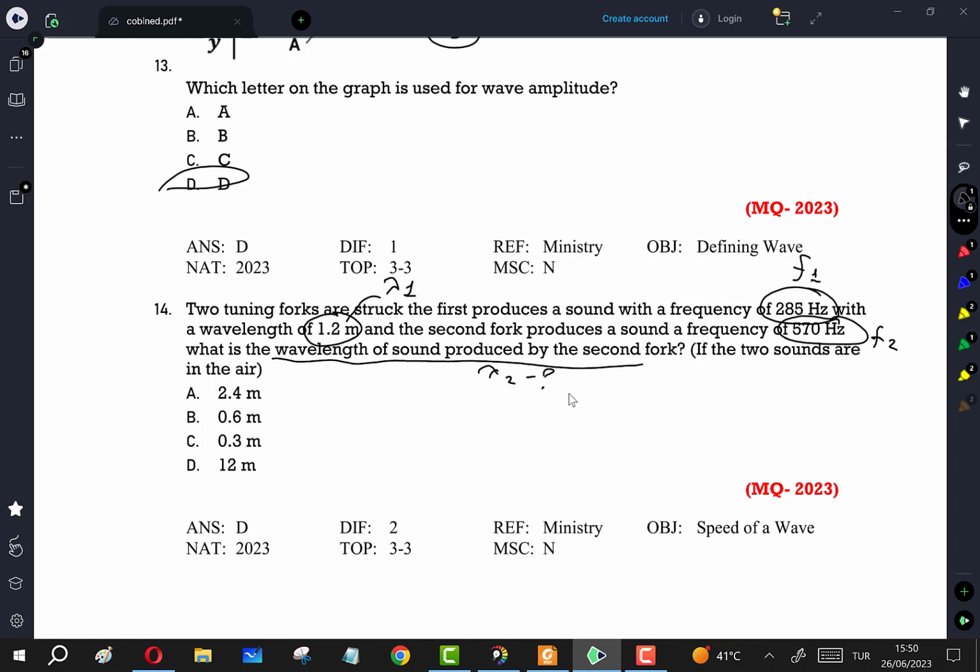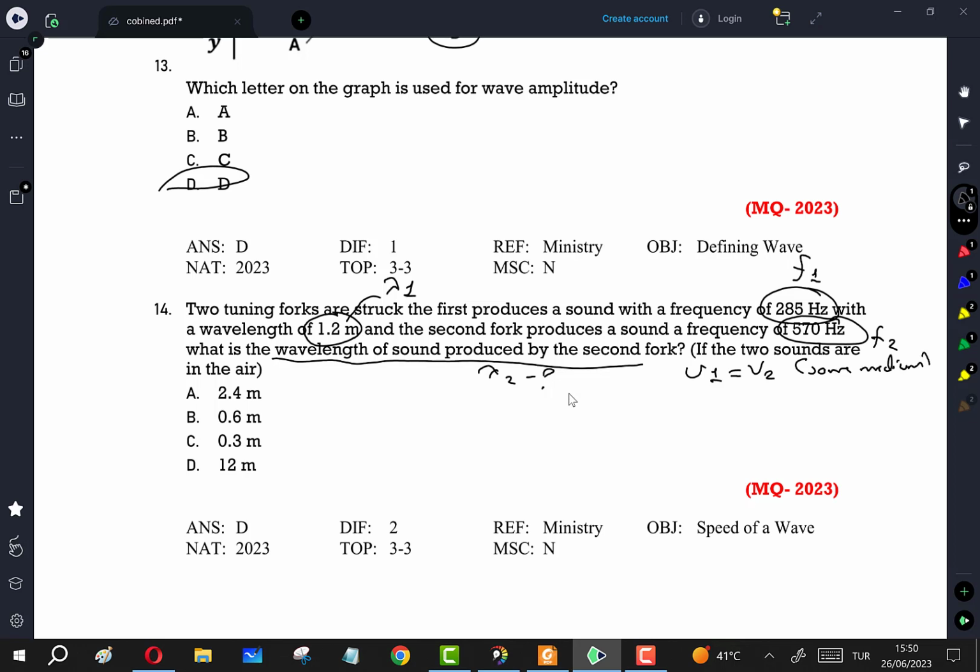So we know that both are mechanical waves, sound, and they travel in the same medium. If they travel in the same medium, they have equal speeds. So V1 and V2 are equal. They have equal speeds because they are in the same medium.